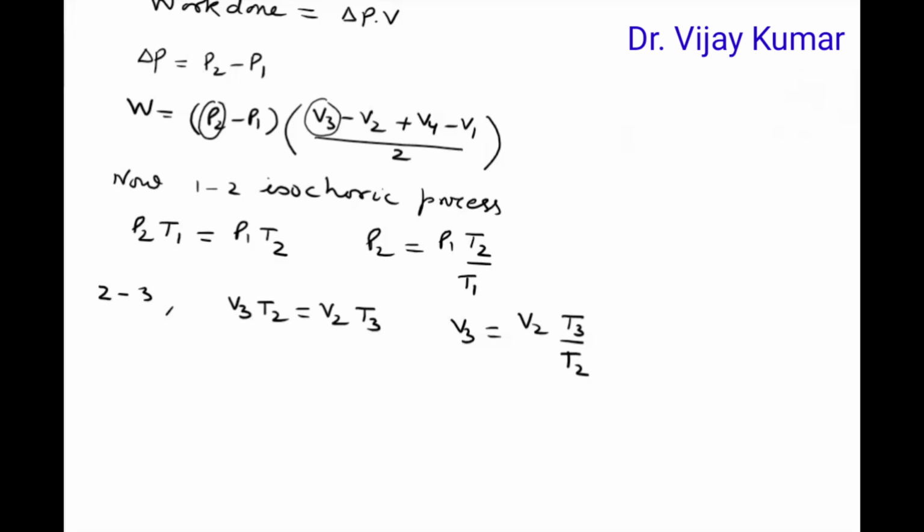And we know that in the 2 to 3 process V1 equals V2, so we can write V1 T3 upon T2. Now we take process 1 to 4, where V4 T1 equals V1 T4. Now we require V4, and V4 should be equal to V1 T4 upon T1.